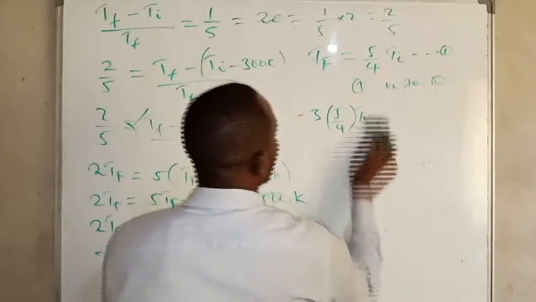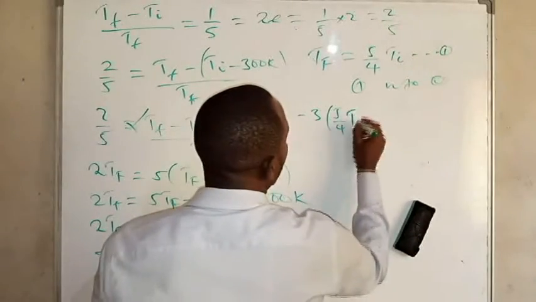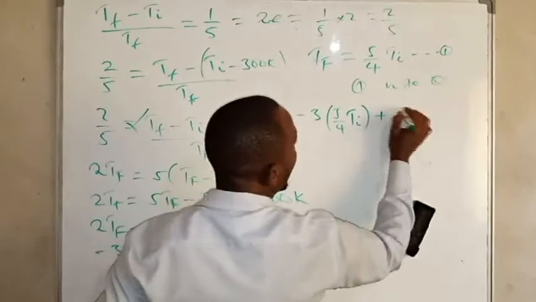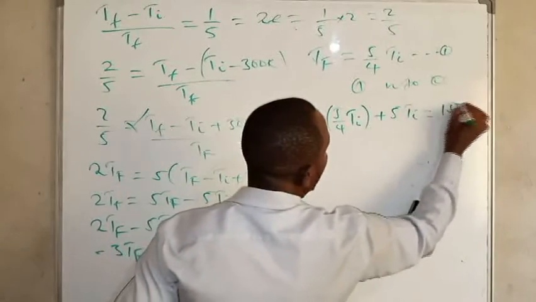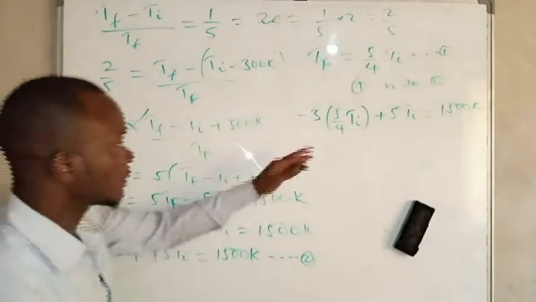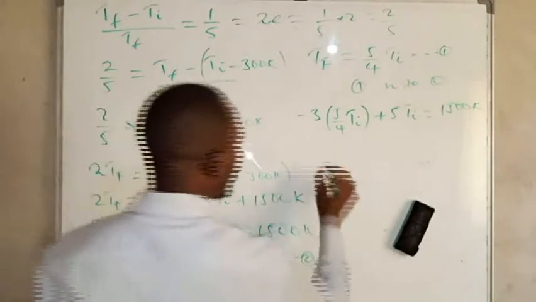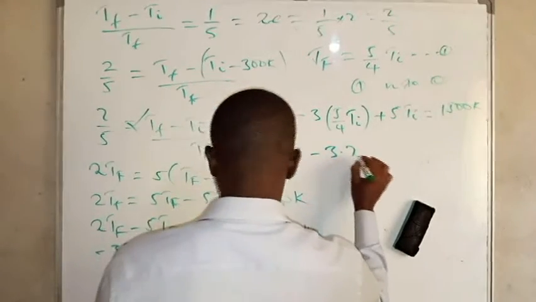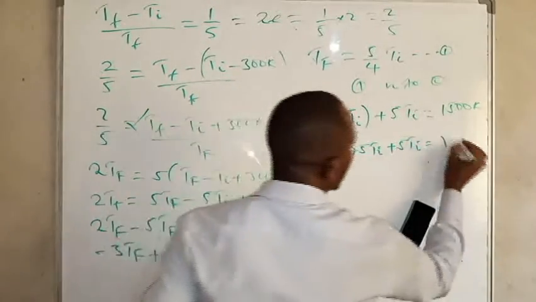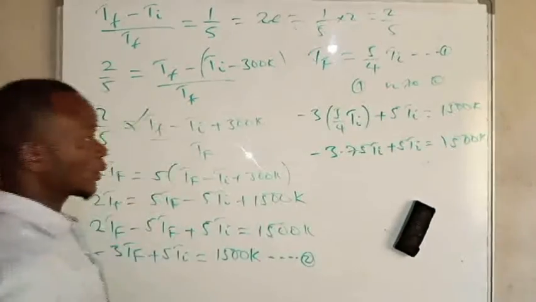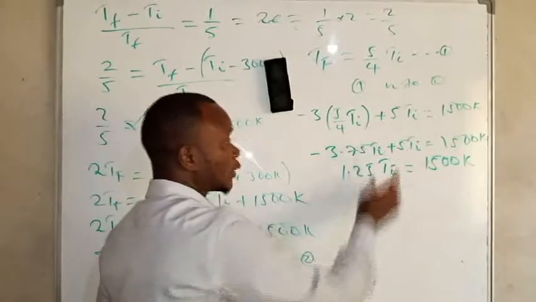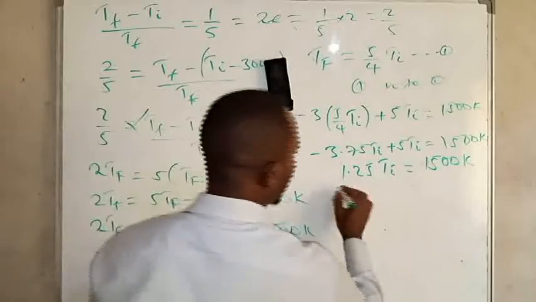Then plus 5Ti is equal to 1500 K. Negative 3 times 5 over 4 gives negative 15 over 4, which is negative 3.75 Ti, plus 5Ti is equal to 1500 K. If this is added to this, a negative is added to a bigger positive value, so it is going to give us a positive 1.25.